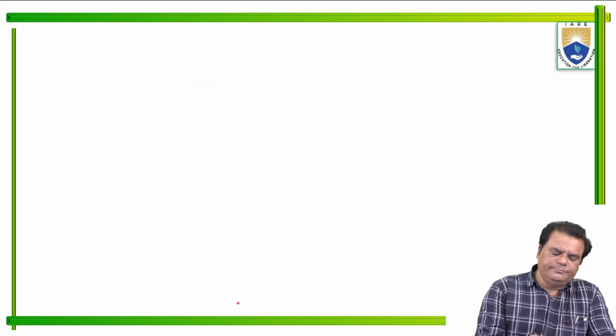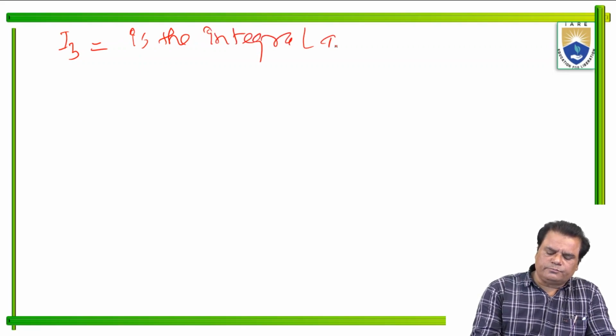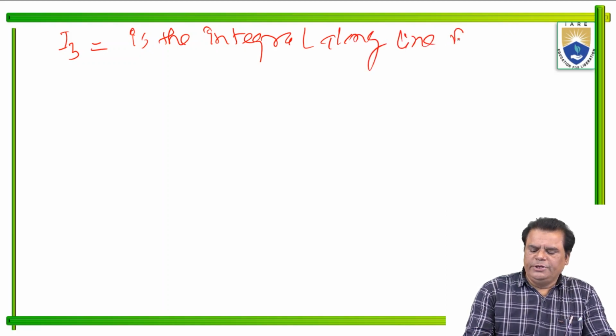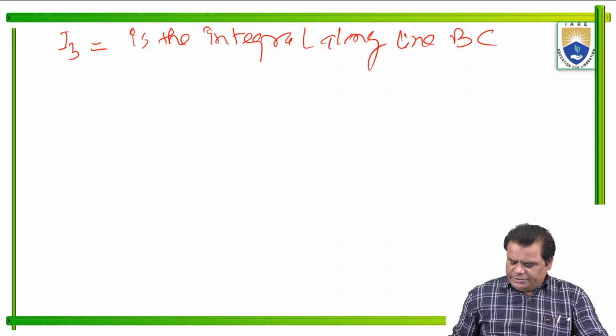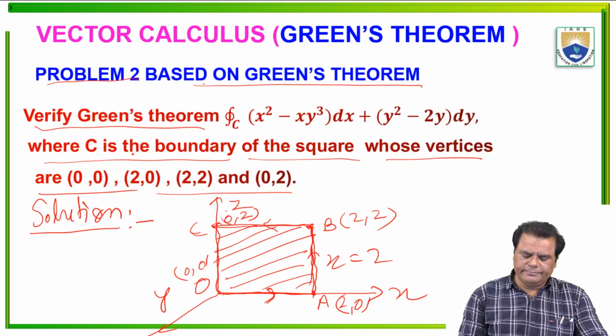Next one, I3. I3 is the integral along line BC. What is BC? BC is this line.